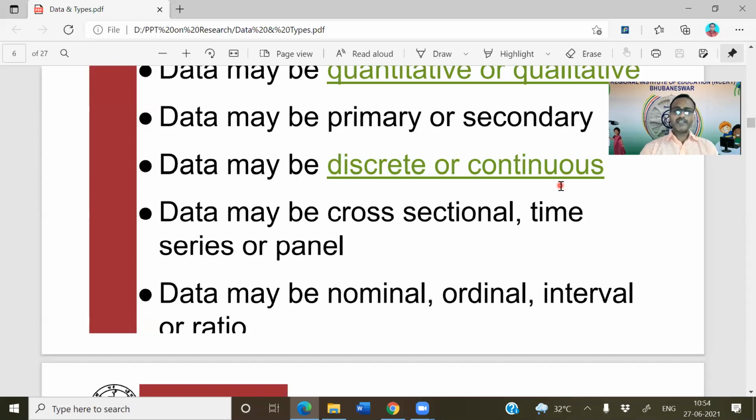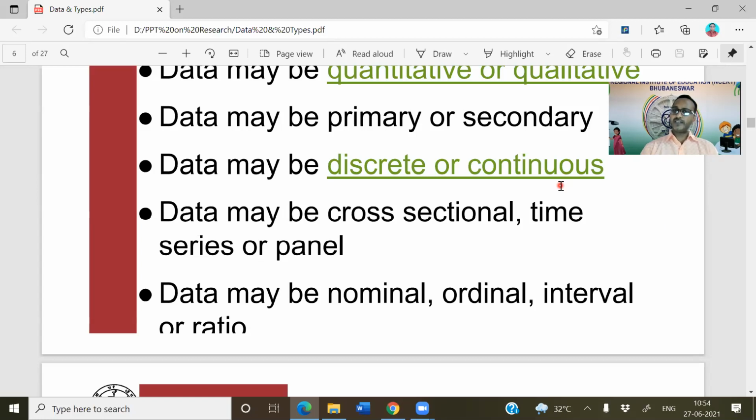And the last kind of data is very, very important for you. These are different ways to classify data in social science and education research. Data can be nominal data, data can be ordinal data, data can be interval data, data can be ratio data.